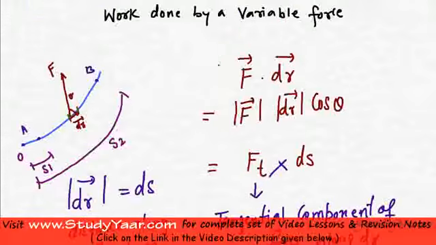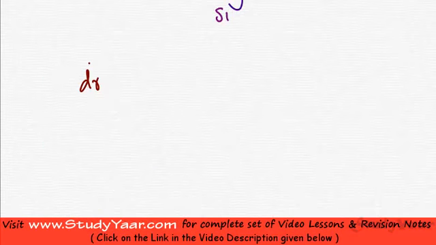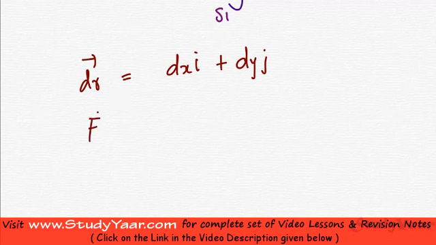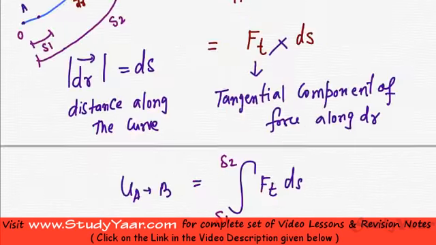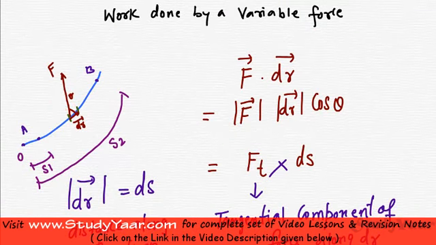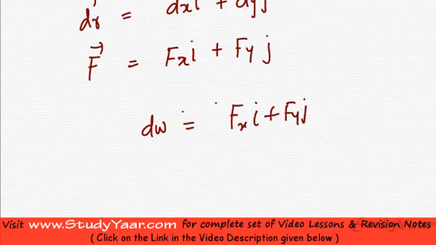The other way to look at it is, you have F dot dr, and you are going from A to B. I have my dr as dx i plus dy j, and my F as Fx i plus Fy j. Therefore the small work done by this small displacement, let's call this dw, is F dot dr, which is Fx i plus Fy j dot dx i plus dy j.